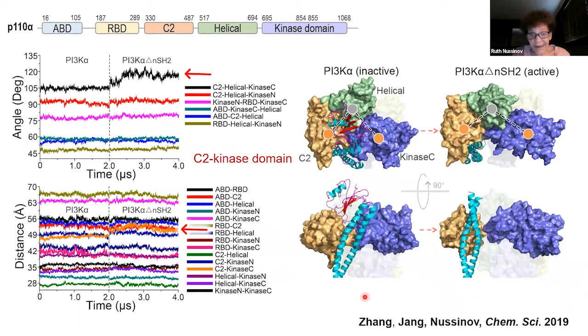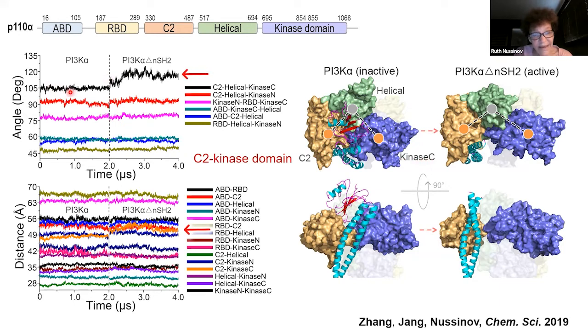To quantitate it, we look at the angles and the distances in the inactive PI3K and the active PI3K without the NSH2. In the inactive, we look at the angle between the C2 and the kinase C lobe, the C lobe of the kinase domain.